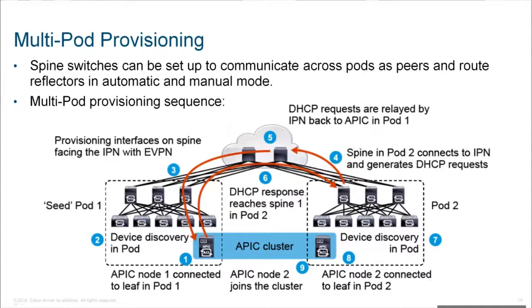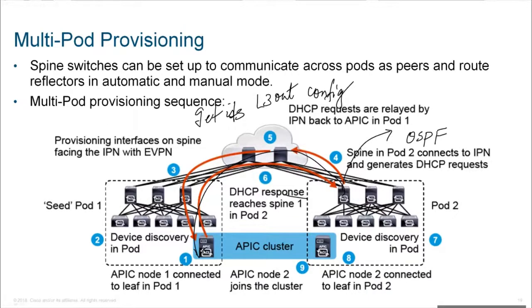So once it gets the response, it is actually going to talk to the APIC, get its layer 3 out config. That probably configures OSPF here. So it has connectivity. Remember, this is a layer 3 out. So it establishes connectivity. No need to have the static route anymore.